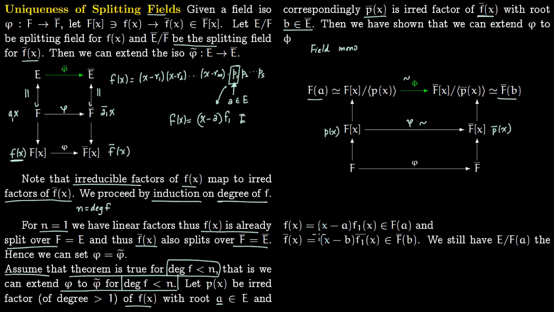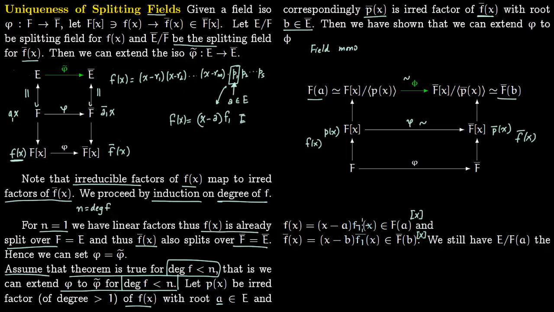Now correspondingly, you can take this f of x here to f bar of x right here, and for this f bar of x, you have x minus b times f1 bar of x. So this polynomial lies over this field, you adjoin x to it, and this polynomial lies over this field, you adjoin x to it.